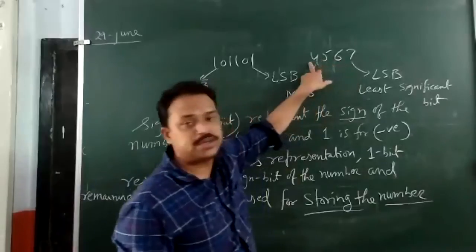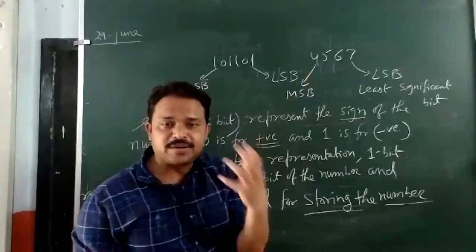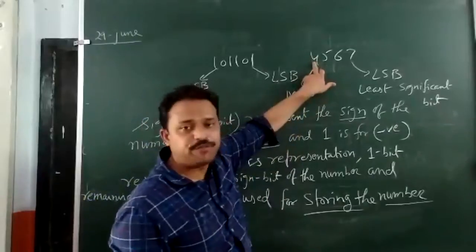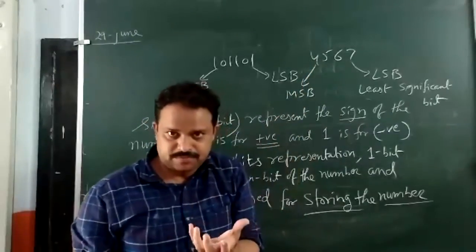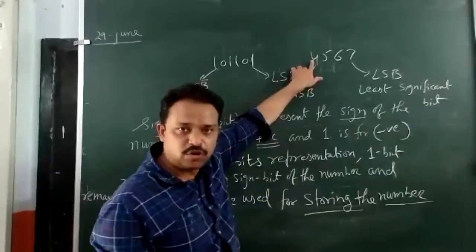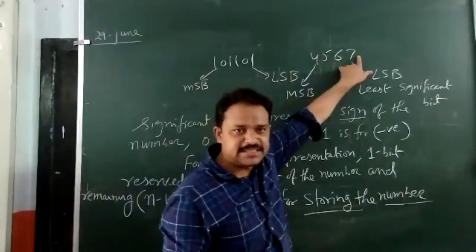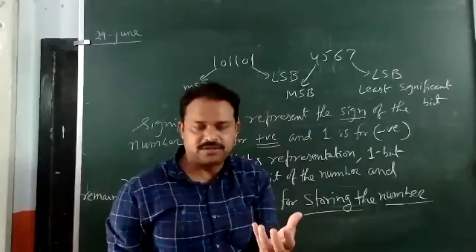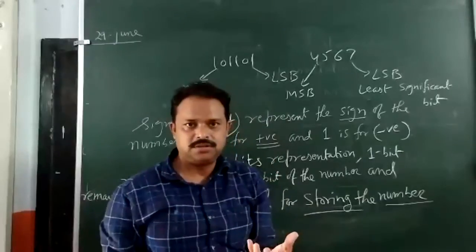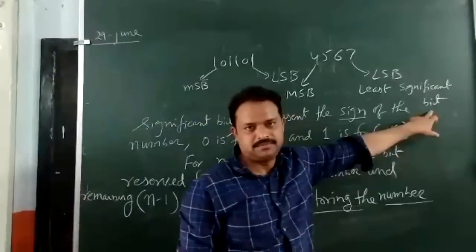What is the place value of 4 here? 4,000. That is why we say it is the most significant bit. And since the last digit has very low weight, we say least significant bit.